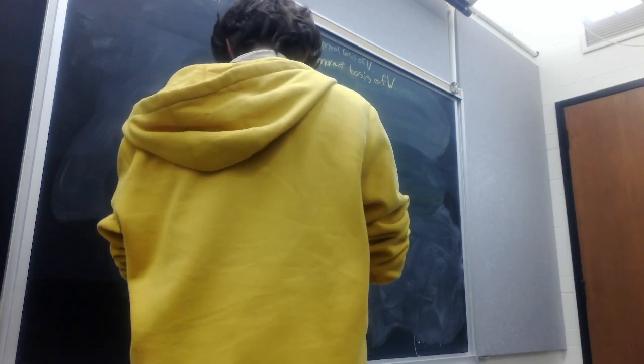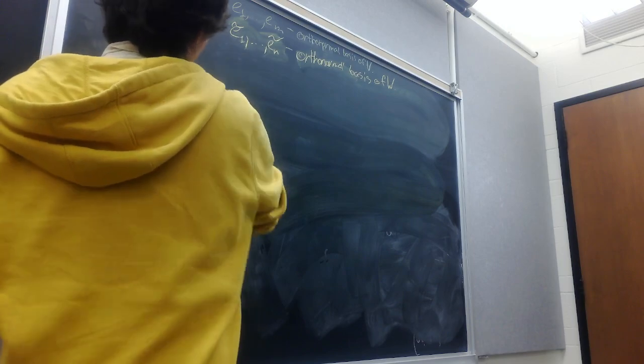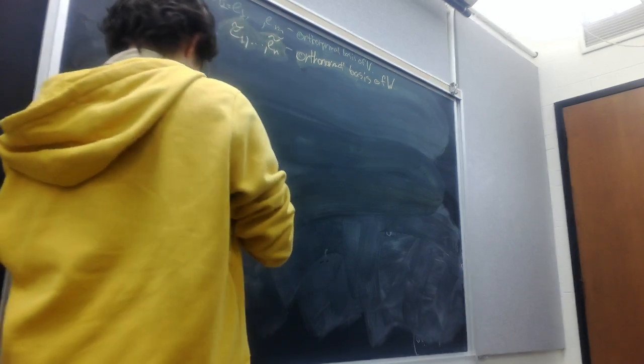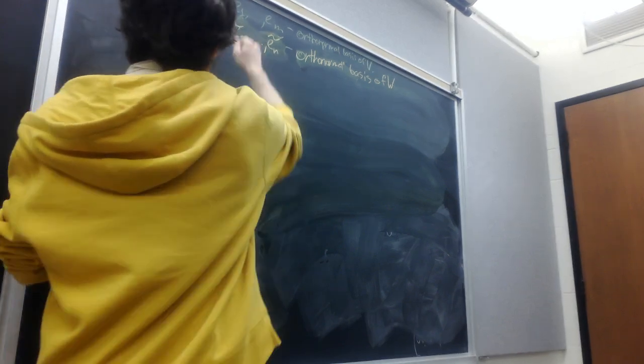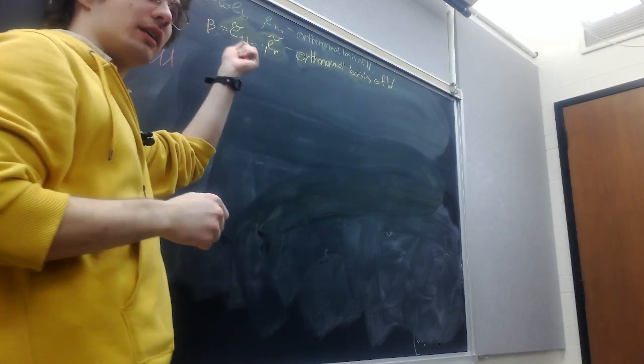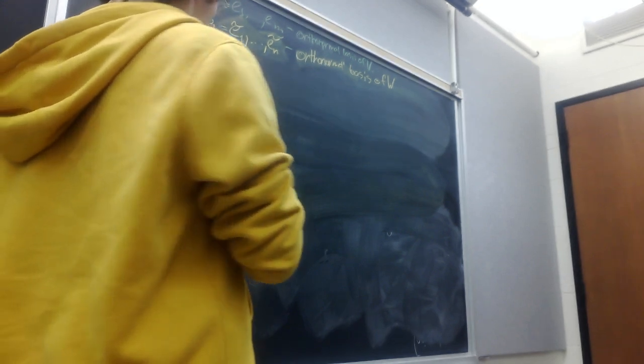Okay, so the statement is that the matrix, so let's call this basis alpha, and let's call this basis beta. The basis on V is alpha, the basis on W is beta.